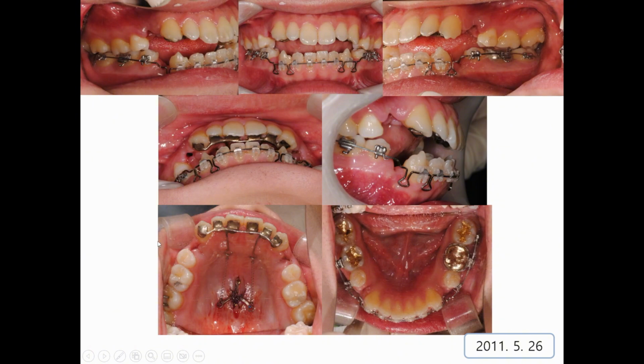and then look at, this is a little heavy arch wire to retract this section. Okay, and in the upper, extract first molar and place this one.